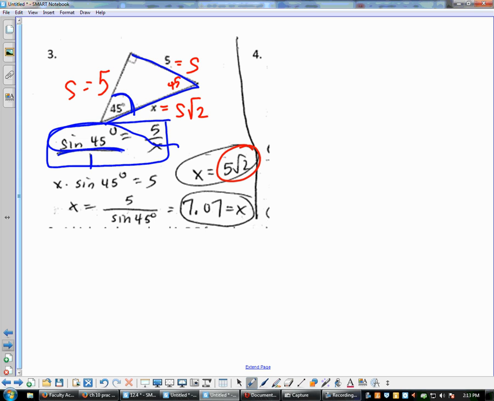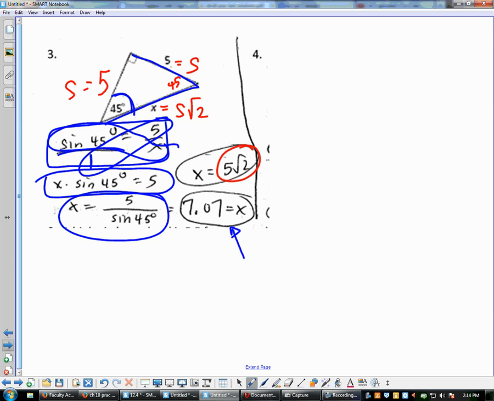So we get x times sine of 45 equals 5 times 1. We get this equation right here, and we divide both sides by the sine of 45 degrees to get this equation, and that turns out to be approximately 7.07, which I'm going to bet is the same as 5 root 2. Let's take a look at the next problem.